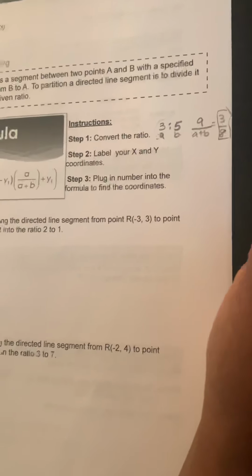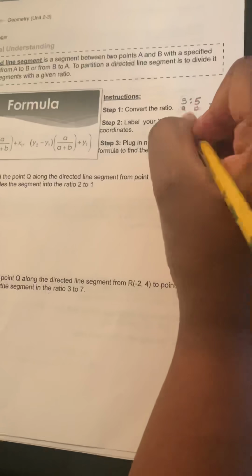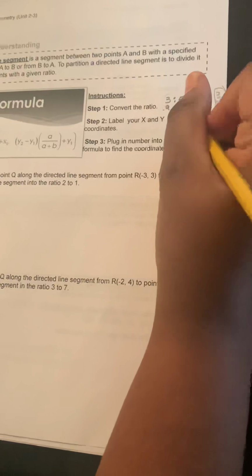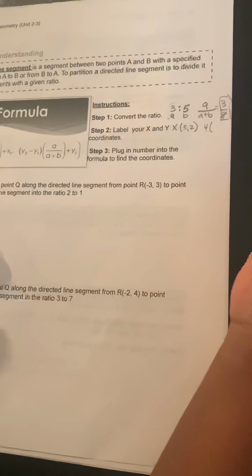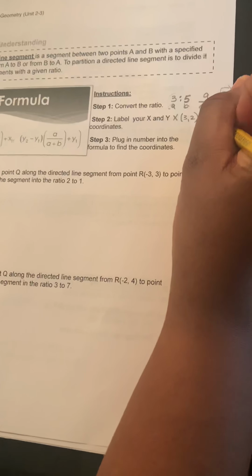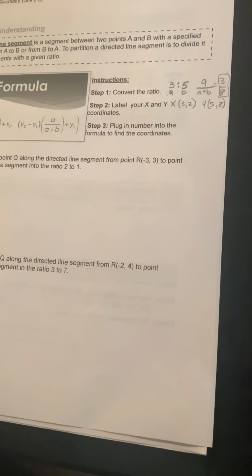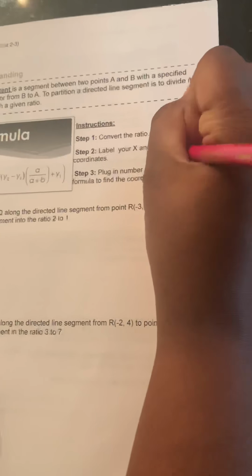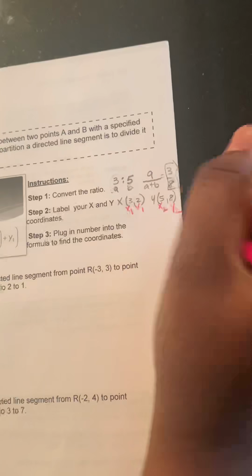Then you need to label your coordinates. They will give you coordinates for X and Y, or A and B. Let's say X is coordinate 3, 2, and Y is coordinate 5, 8. You label your coordinates like we have done in the past: this is my x sub 1, this is my y sub 1, this is my x sub 2, and this is my y sub 2.